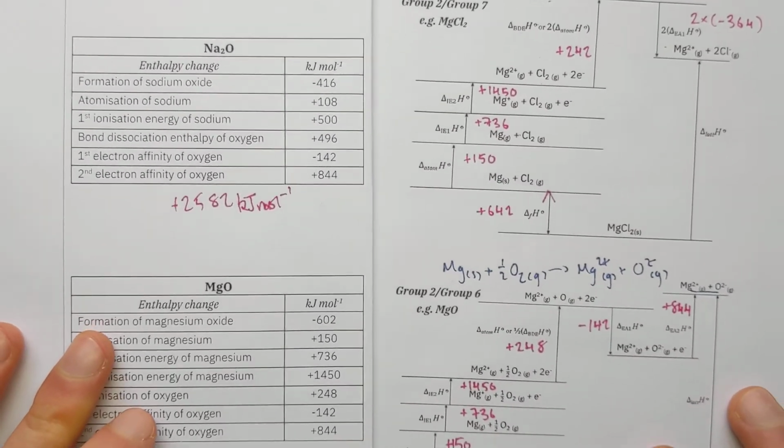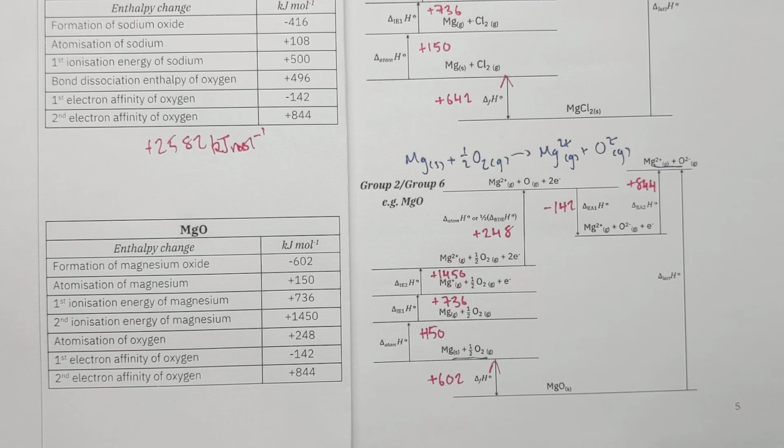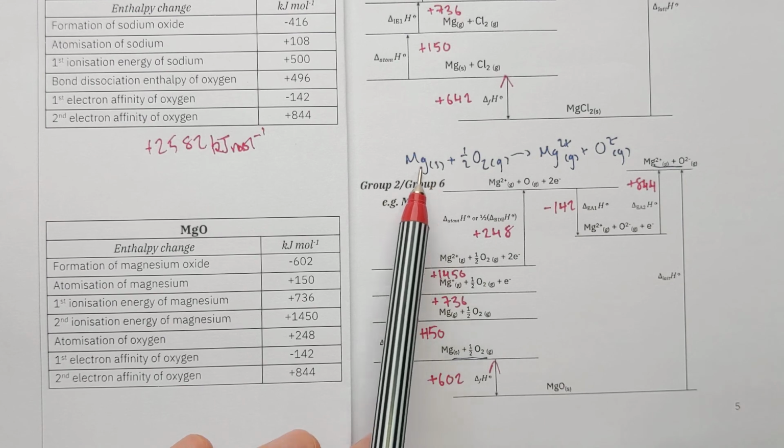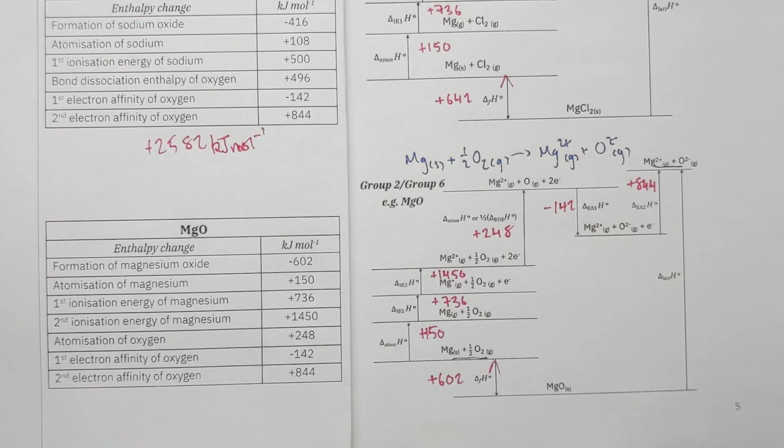Final example is MgO. So it's actually simpler because you don't need to multiply anything up in terms of having 2. It's just 1 magnesium and 1 oxide at the end. So 602 flipped goes to plus 602 for the formation. Atomization energy is 150. First ionization energy is plus 736.